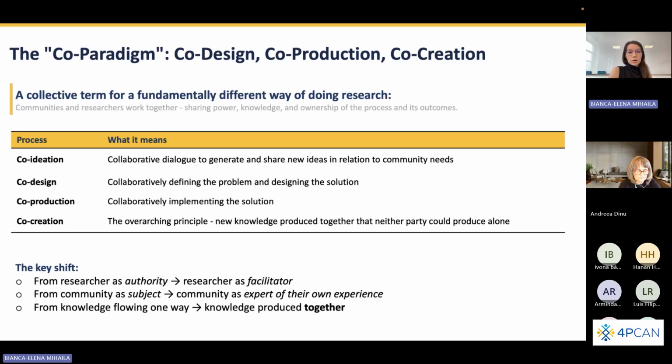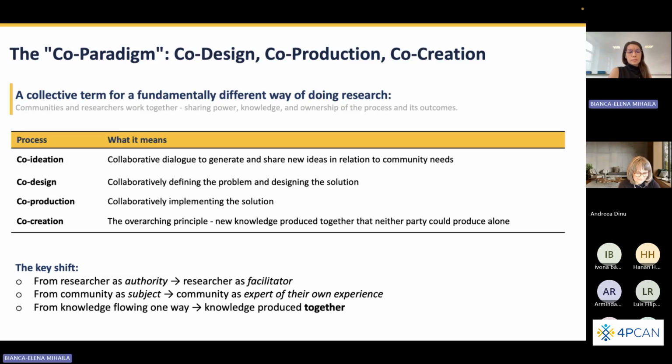It relates to co-ideation, collaborative dialogue to generate and share new ideas in relationship to community needs; co-design, because the researchers and the participants are collaboratively defining the problem and designing the solution; and at the same time collaboratively implementing the solution, which is co-production.